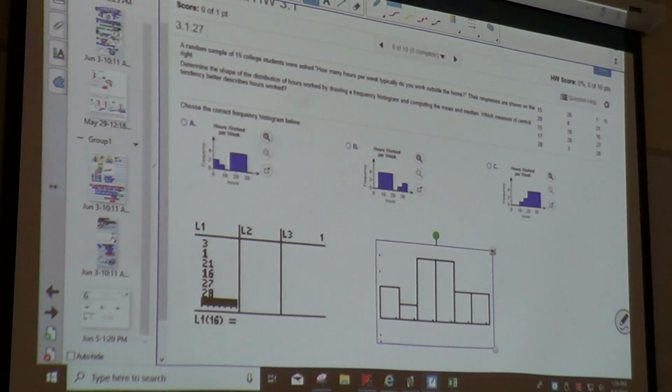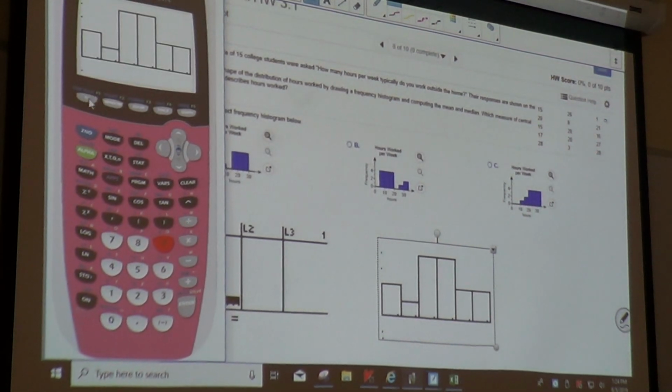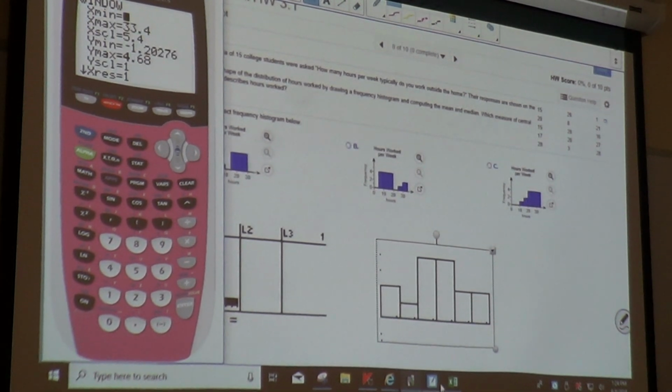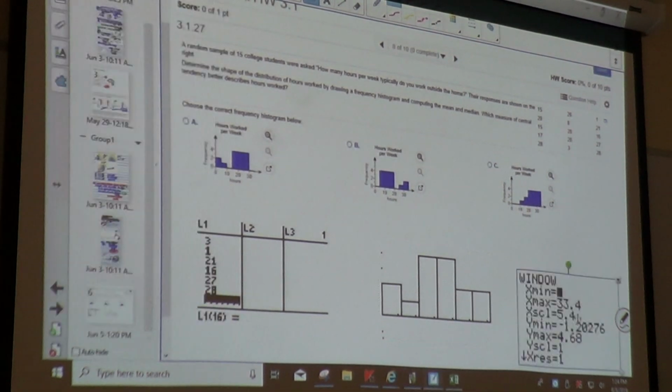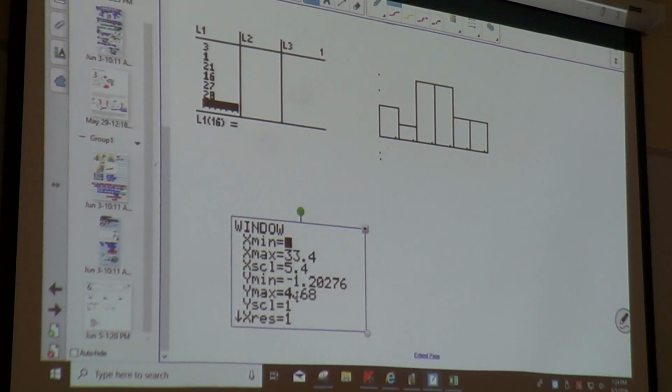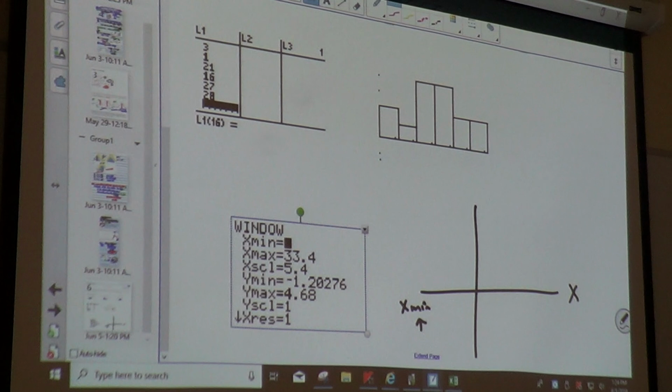On your calculator, you hit the window button. Now let me explain about the window button. When you're looking at a graph, your x-min would be the minimum value you want to use on the x-axis. The x-max is going to be the maximum value you want to use on the x-axis.